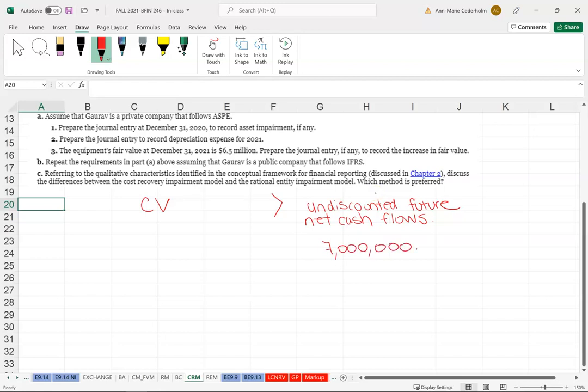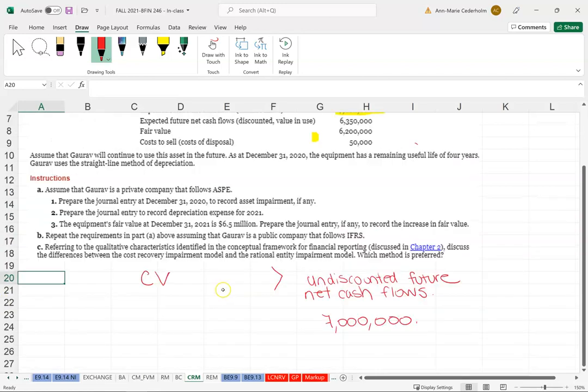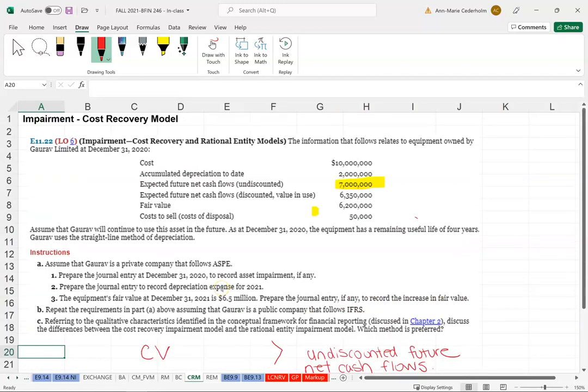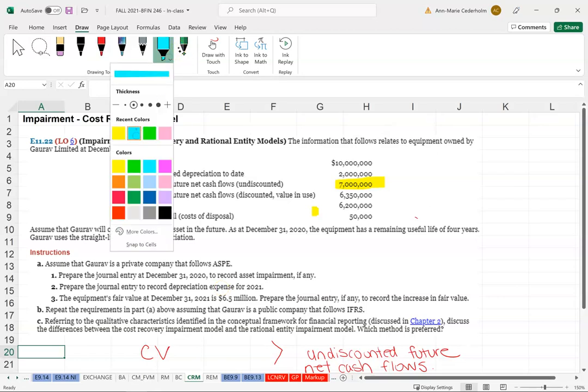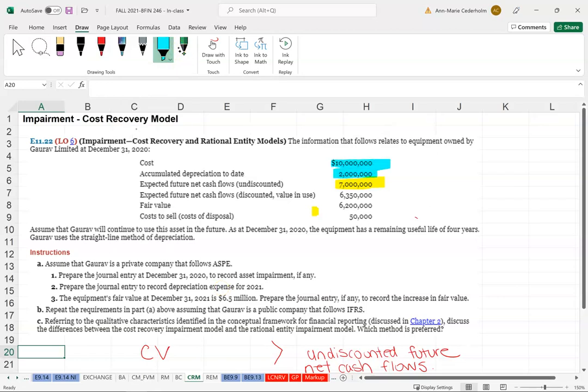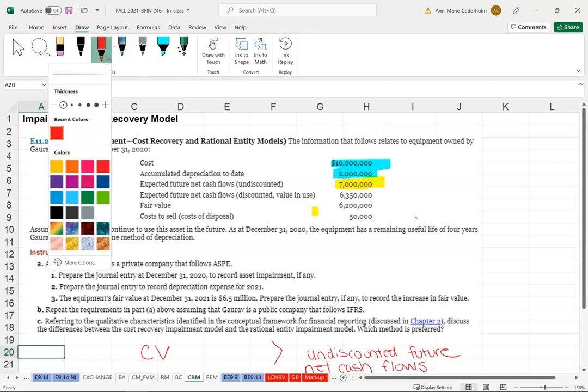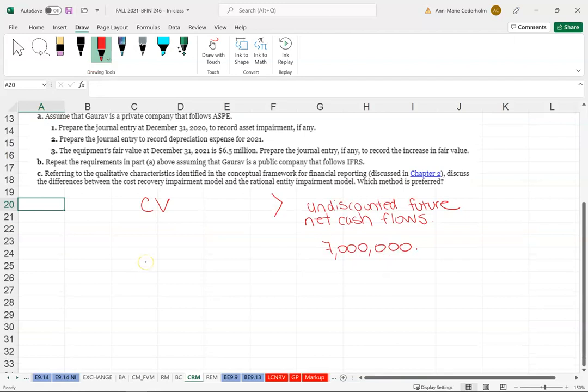And the carrying value is just the amount on the books. So that would be the cost minus the accumulated depreciation. So that's 10 million minus 2 million. Cost is 10 million, and accumulated depreciation was the 2 million.